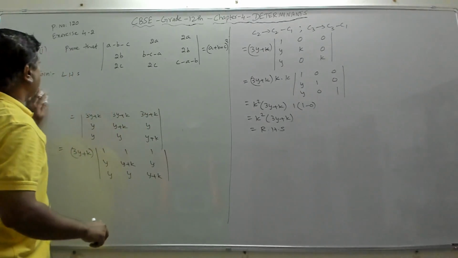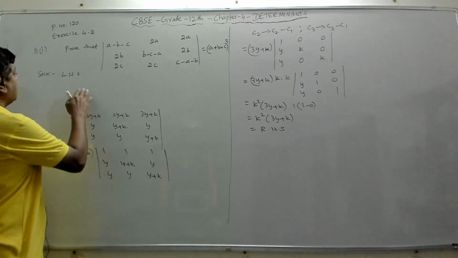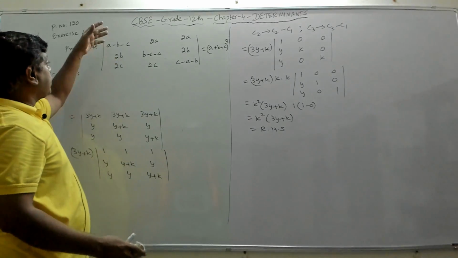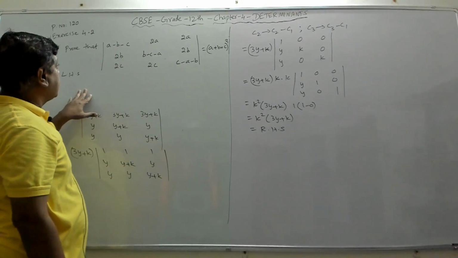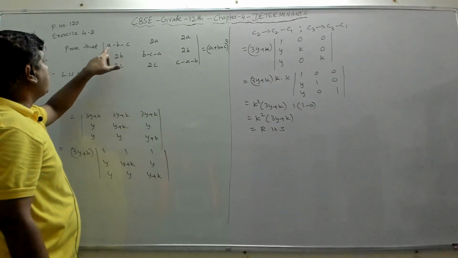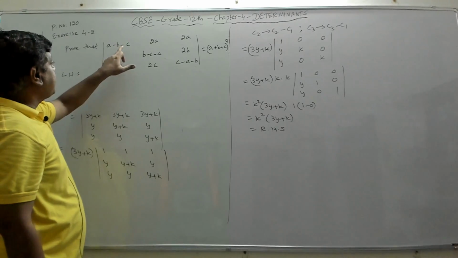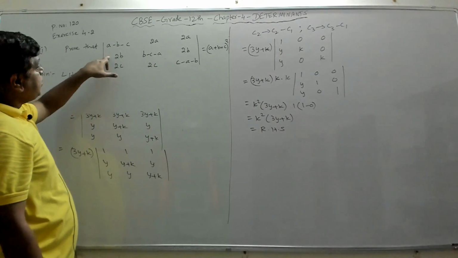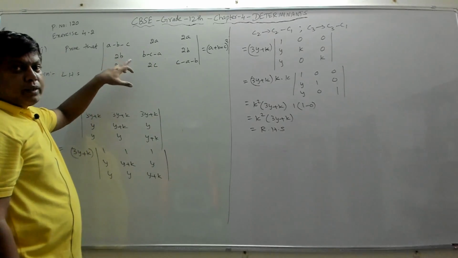Right? Now again, what do we check? We'll check whether we can make any particular row or column same. Suppose if I add like this, I'll get 2A plus 2A is 4A, 4A plus A, 5A minus B minus C. If I add all this, I'll get 5B minus C minus A. So they are not matching.